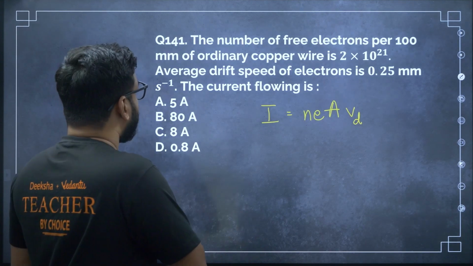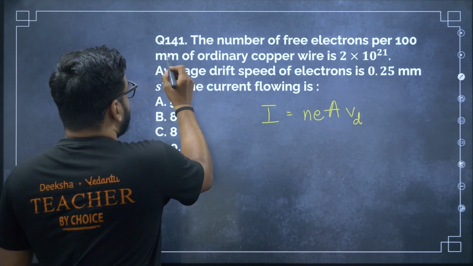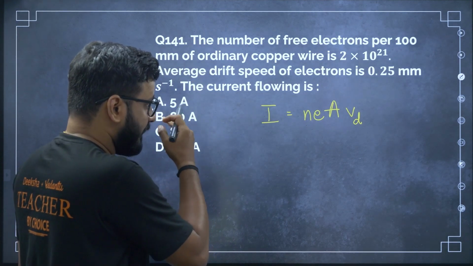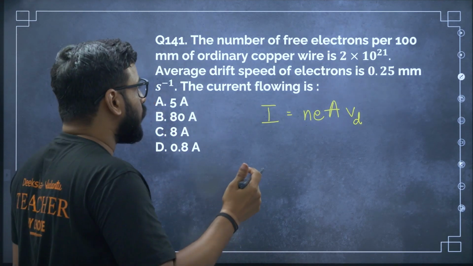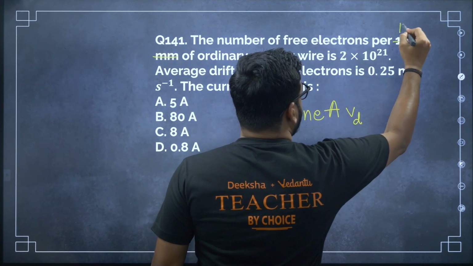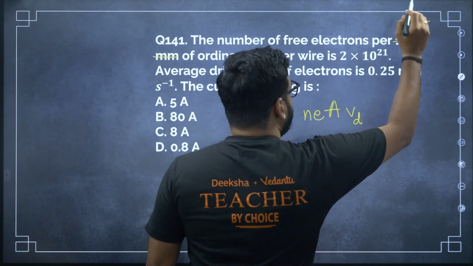Now the question has a slight misrepresentation. Per 100 mm, they have given it lengthwise, but length is not what we actually need here. We need the area. So instead of per 100 mm, you can take it as per 10 meter square.